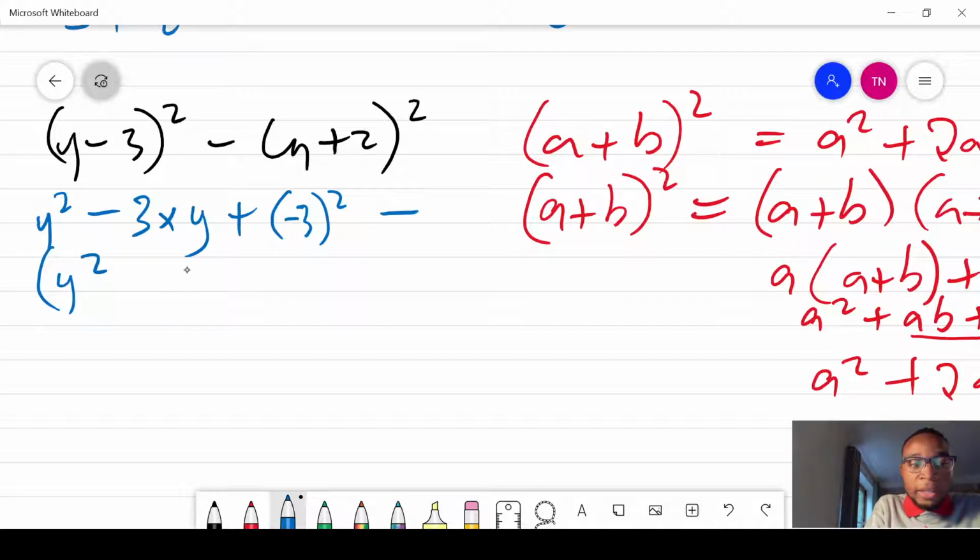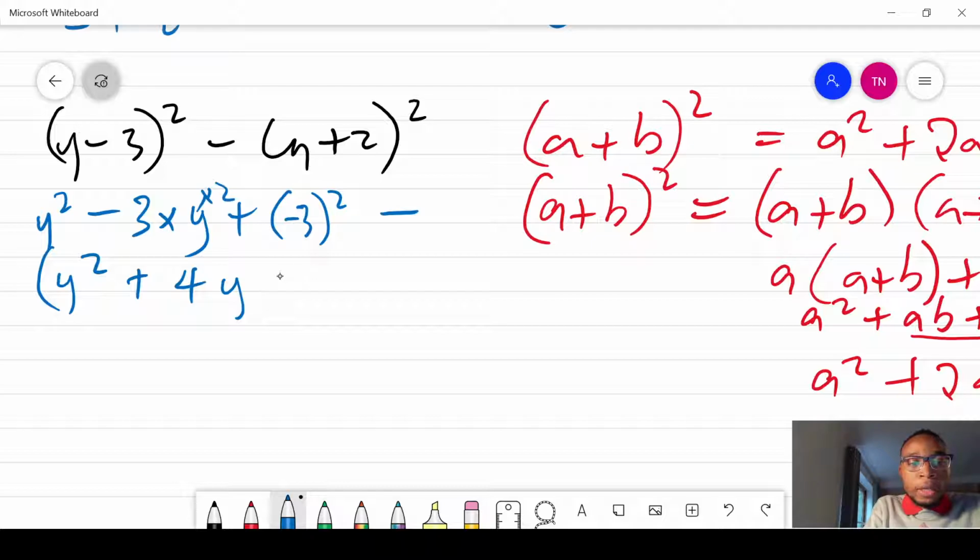Then this is going to be minus, this whole thing also is going to be y squared. So we put that in brackets, plus 4y. So here we forgot, that is 2ab, so this is just supposed to be multiplied by 2 here.